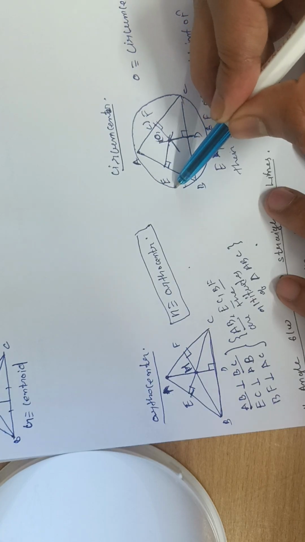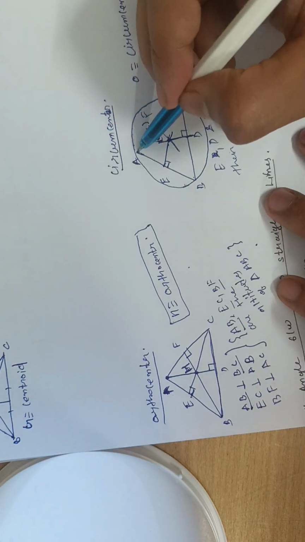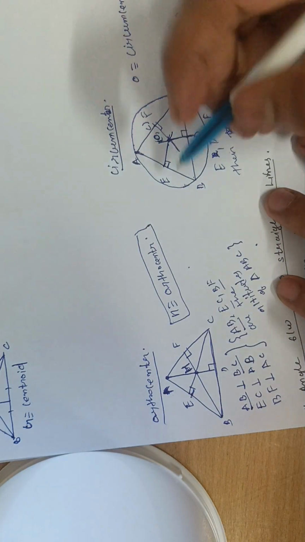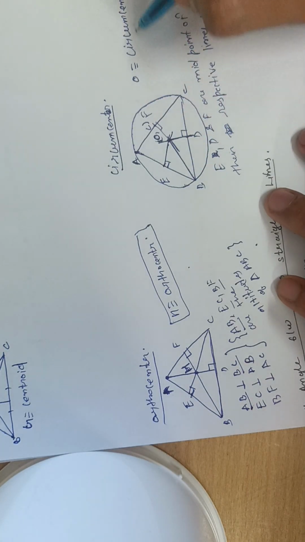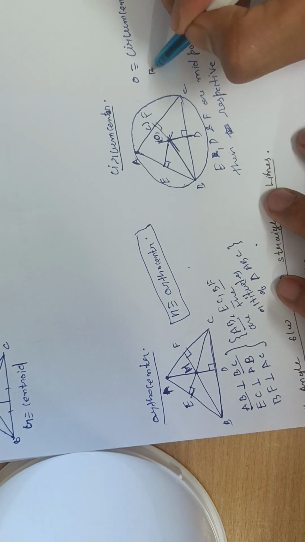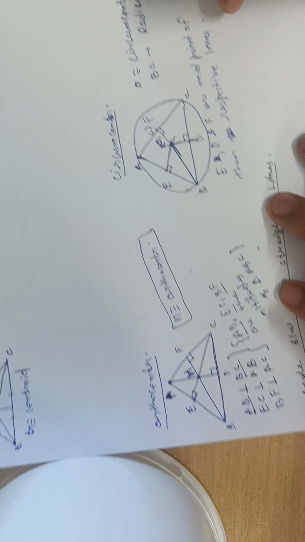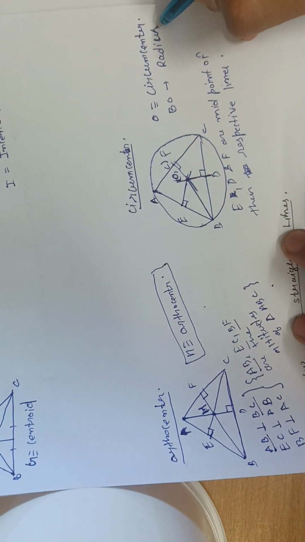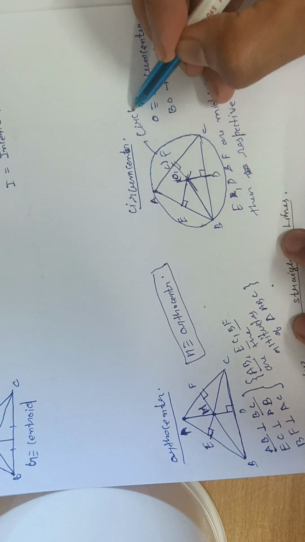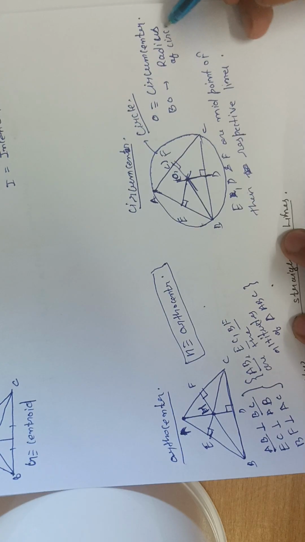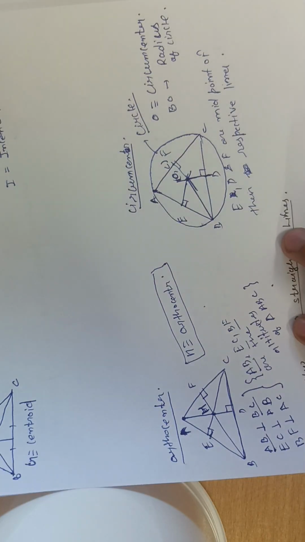If we draw this triangle with points A, B, C and draw a line from any vertex to the circumcenter O, so here BO is a radius of this circle, this particular circle which is passing through all the vertices of triangle ABC.